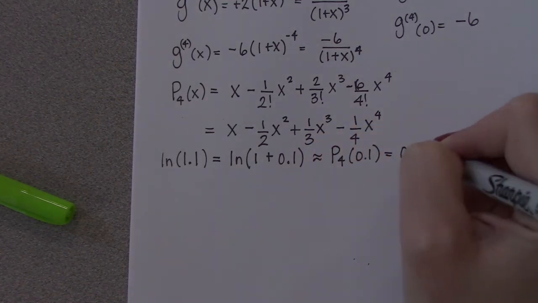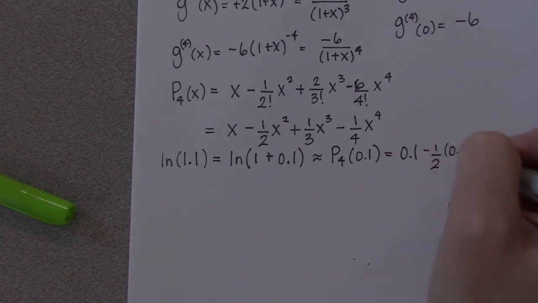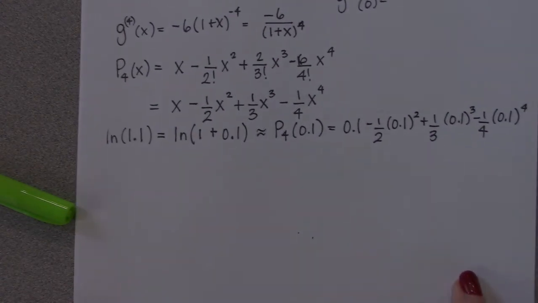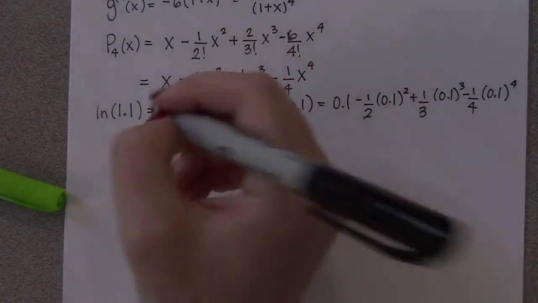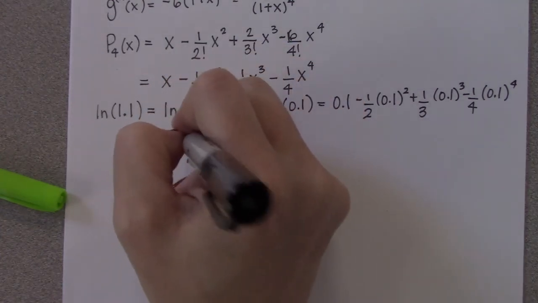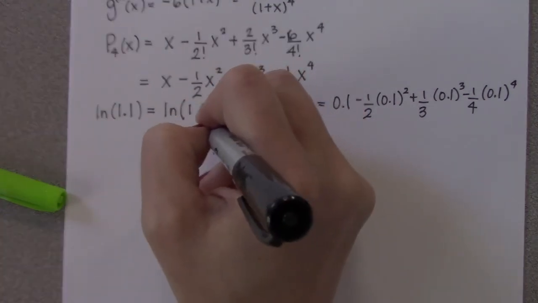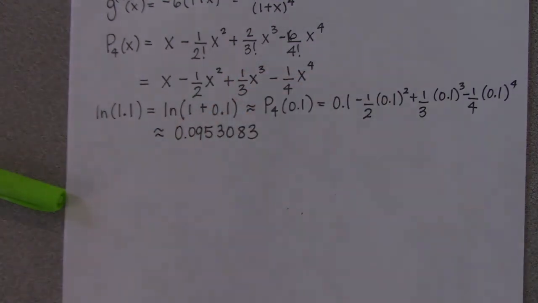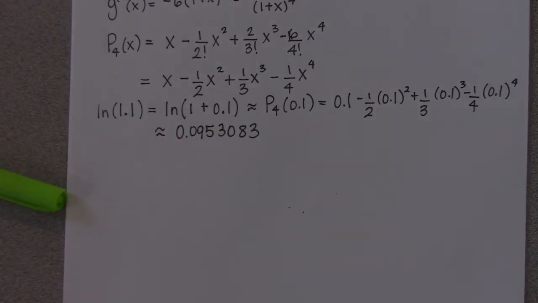So you'll get 0.1 minus 1/2 times 0.1 squared plus 1/3 times 0.1 cubed minus a fourth times 0.1 to the 4th. And that's approximately that. Which is not too far off from 0, because 1.1 is pretty close to 1, and ln of 1 was 0. So it kind of makes sense.